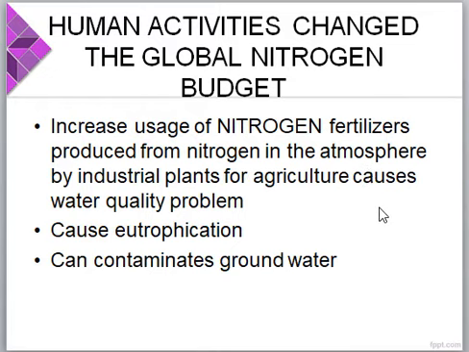Once this nitrogen goes to the bodies of water, especially stagnant bodies of water, it will nourish the water and promote algal blooms, and it will cause what we call eutrophication. And it can also contaminate our groundwater once there is what we call runoff.